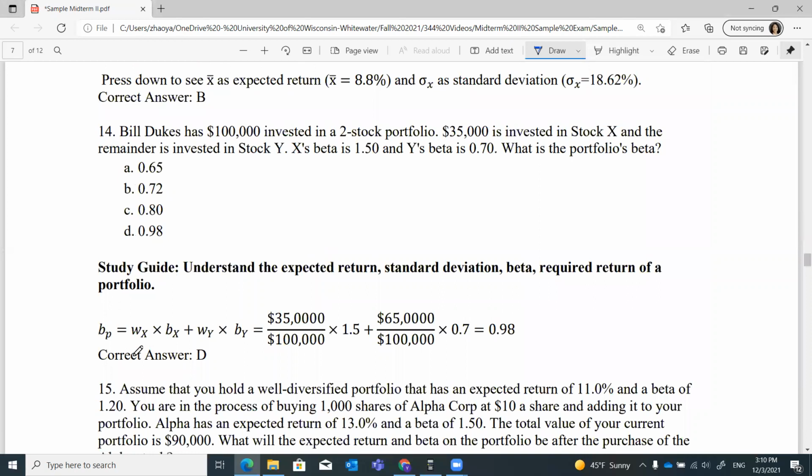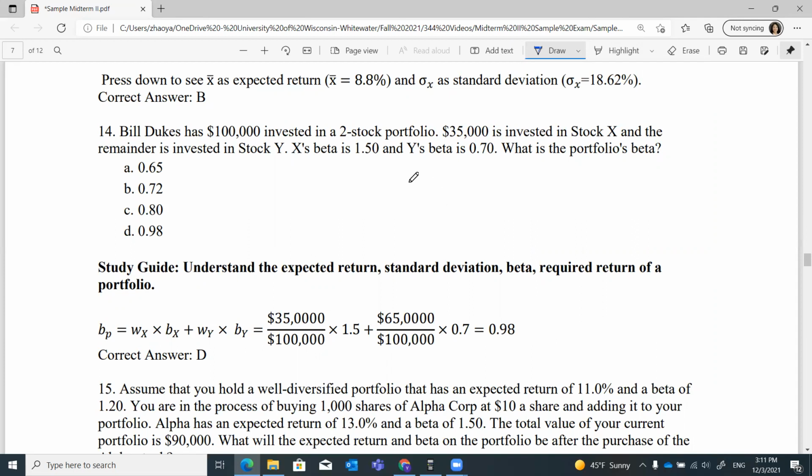Question 14. Bill Dukes has 100,000 US dollars invested in a 2-stock portfolio. 35,000 is invested in stock X, and the remainder is invested in stock Y. X's beta is 1.5, Y's beta is 0.7.